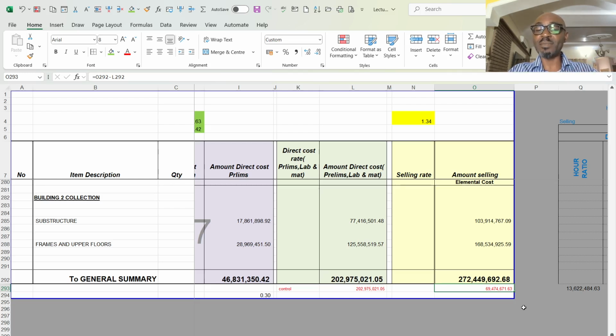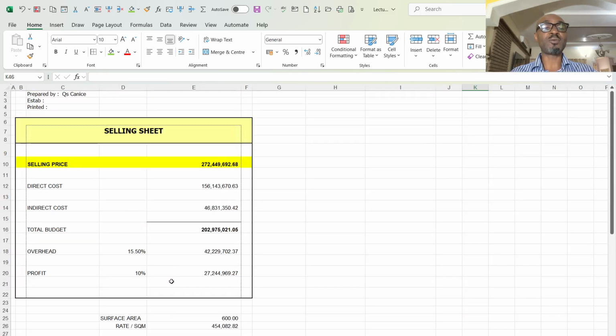I have 69,474,000. So I now come to my selling sheet, to the top. This is my total contract sum, including my profits and overhead. And these are my direct cost and my indirect cost.